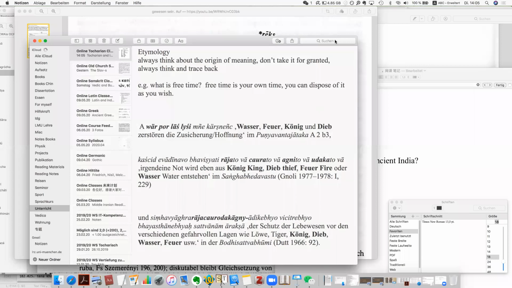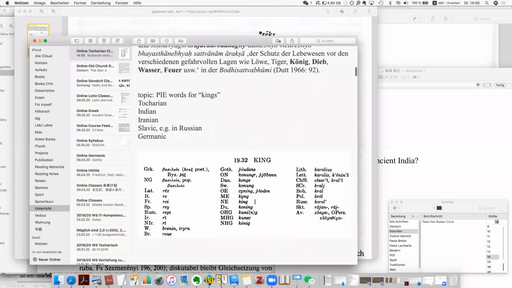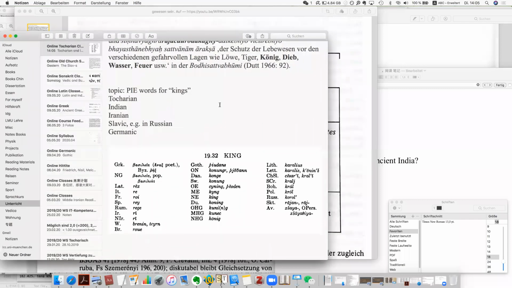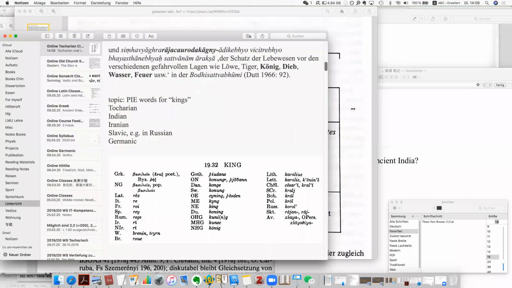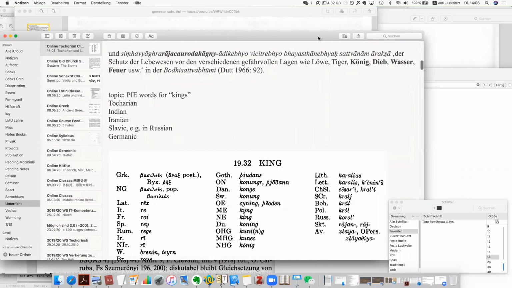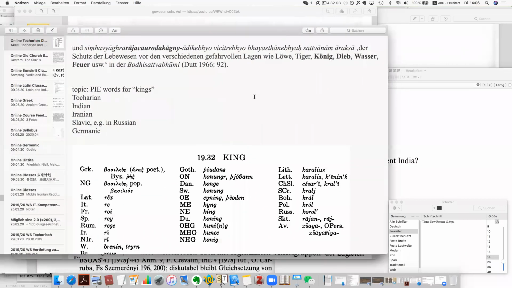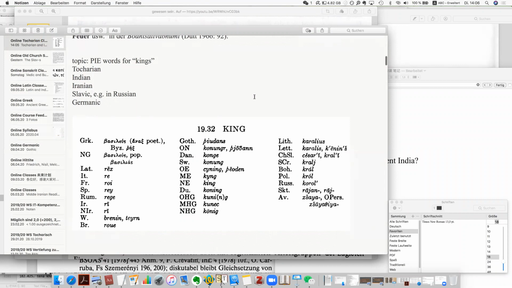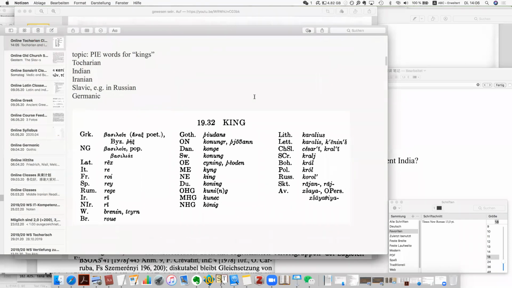Then let's move on to the discussion of the king in Tocharian, in Indo-European languages. Basically, what I want to say before we move on is that this is an etymological study of the different names for king in different languages.